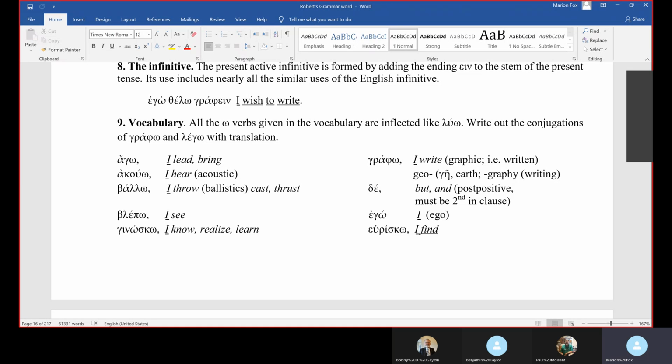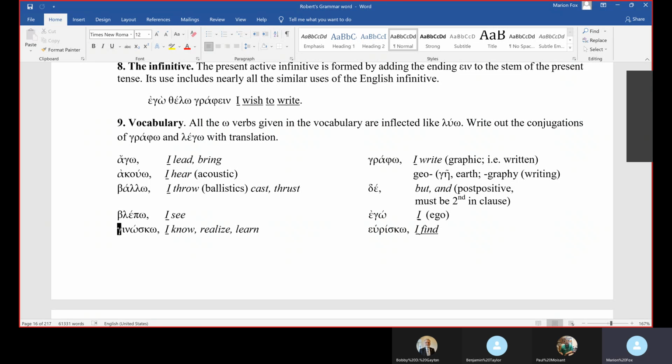So this would be knowledge upon knowledge, and that would be epignosko. Epignosko would be fuller knowledge. So this is more rudimentary knowledge: I know, I realize, I learned. We'll add those compound words later with the prepositions on. We've got to introduce the prepositions first, okay?